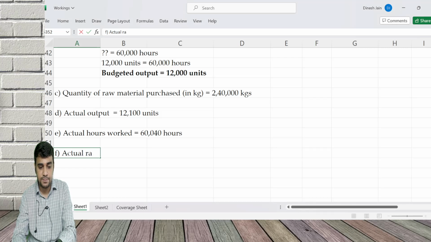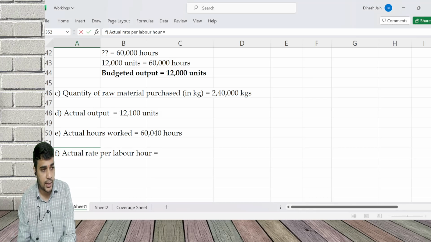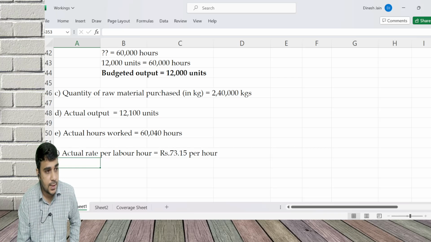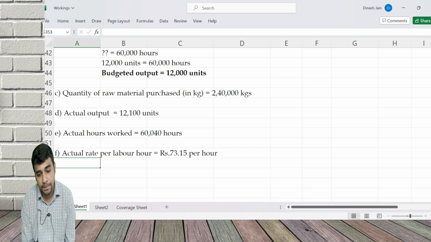Actual rate per labor hour, this is also answered. Rupees 73.15 per hour.